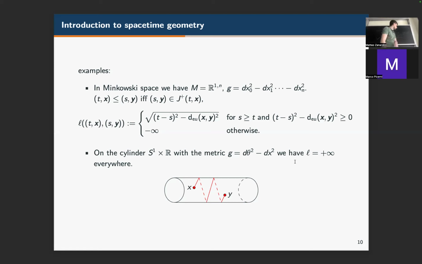Given a point x, you draw the future cone, and y lies inside of it, with a round kind of section. The time separation now coincides with the square root of time squared minus space squared, which resembles the Euclidean formula, but with a minus instead of a plus. And it is minus infinity outside of this cone shape.